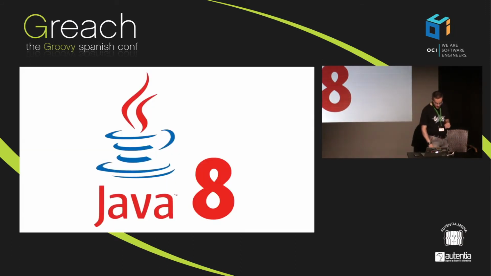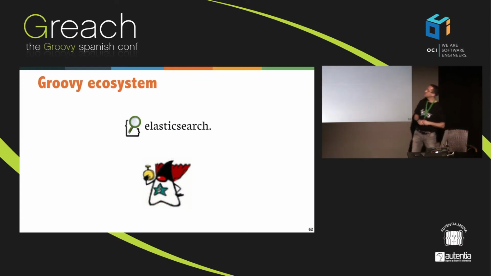2014, Java 8 was there at last. Elasticsearch decided to make Groovy the preferred language for customizing Elasticsearch. So that was great. This little icon there, a bit blurry, that's GBench, the benchmarking tool for Groovy.